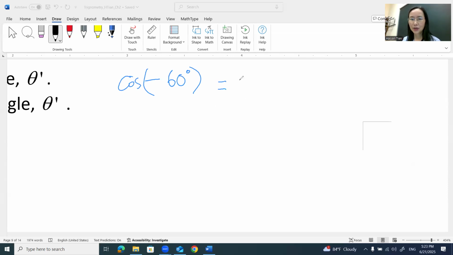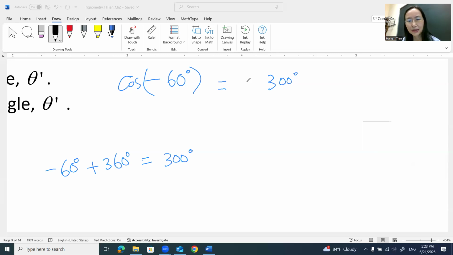So you can add a complete rotation. That is, I want to find an angle that is least positive. So let me add a complete rotation to this given angle. So after I add, I see that it is positive now, right? Positive 300 degrees. So 300 degrees is the least positive angle that is coterminal with negative 60.